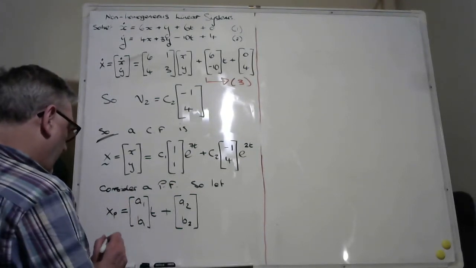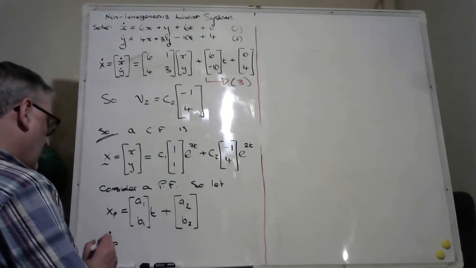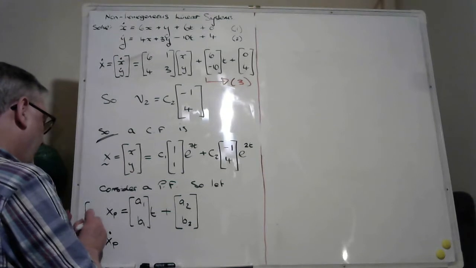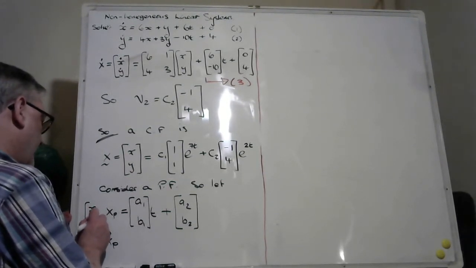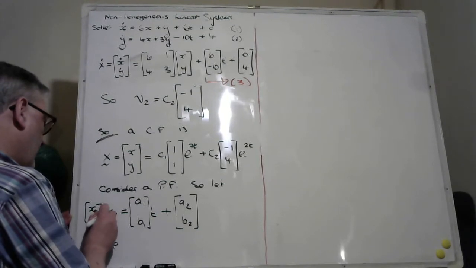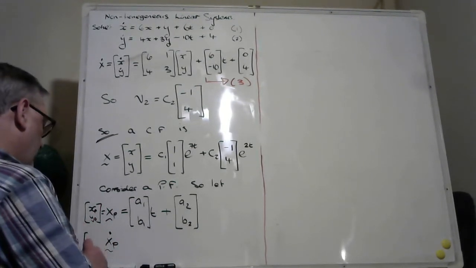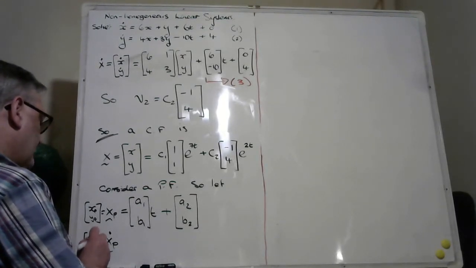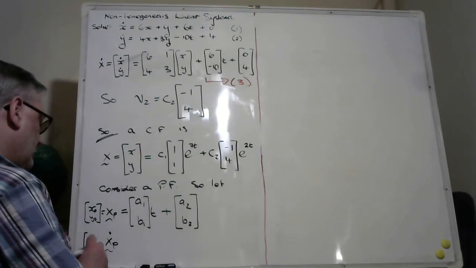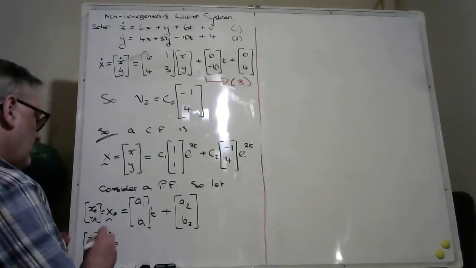So we can see that x dot p, not forgetting that xp is little xp, yp as a vector, and so x dot p would be x dot p, y dot p there, and that's equal to that.